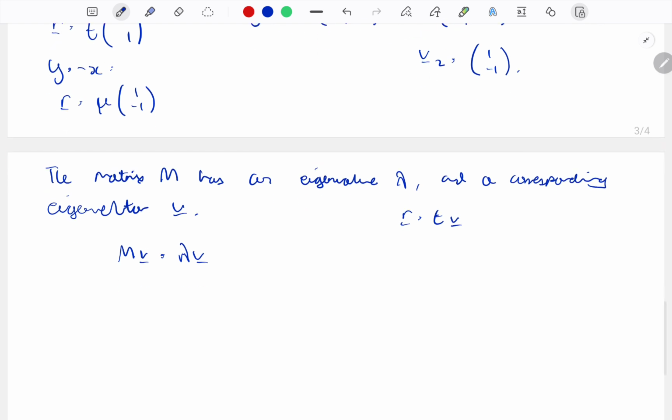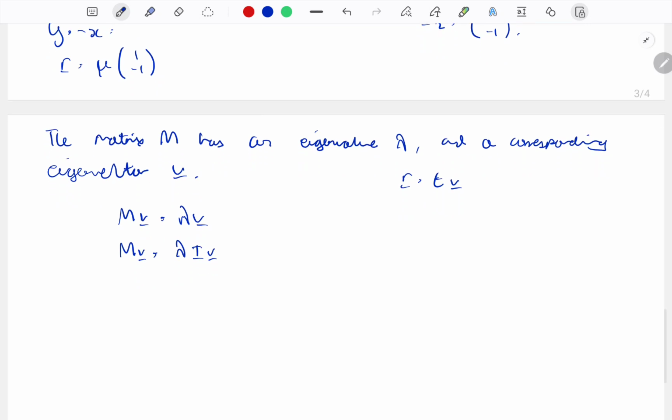And we can rewrite this as MV is equal to lambda IV. You might be wondering why we could just do something like this. Well, let's say that V is equal to (A, B, C), and lambda V is equal to (A lambda, B lambda, C lambda).